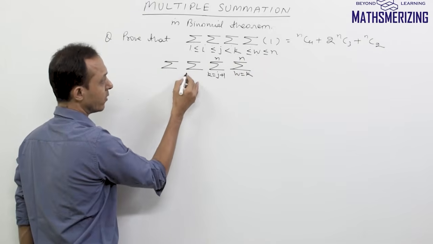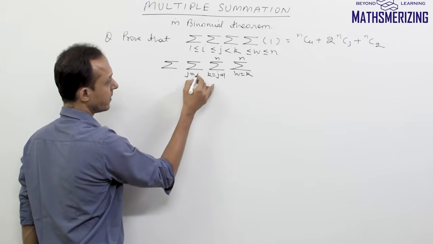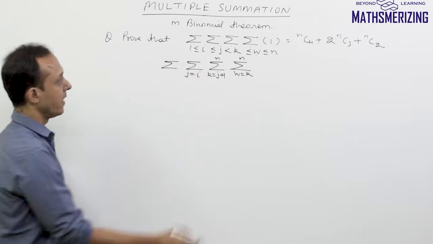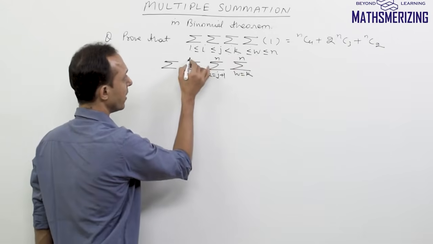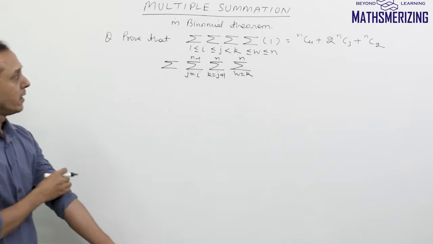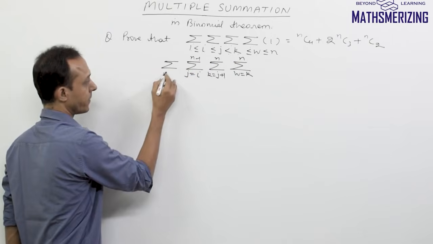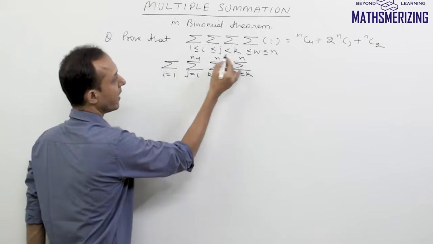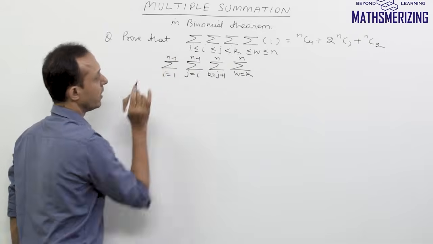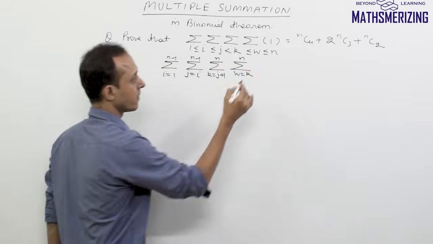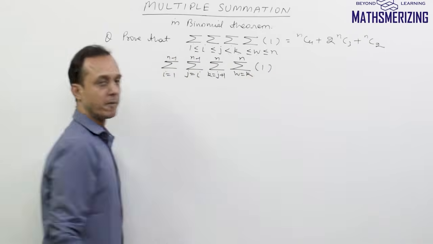Now this j is greater than or equal to i, so j starts with i and is less than n, so it will go to n minus 1. And this value of i will start with 1 and again go to n minus 1. And we need to find the sum of this series.